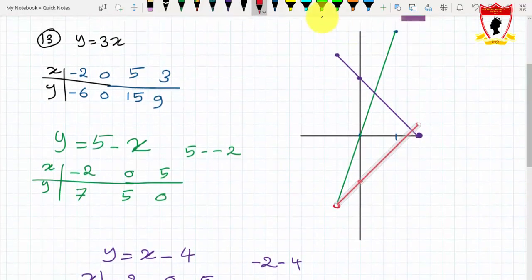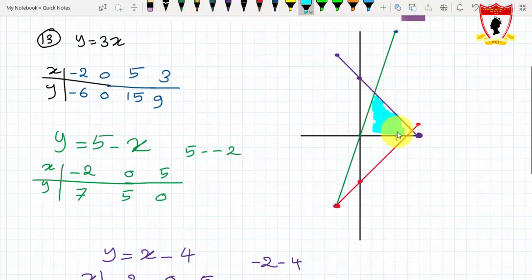What are the vertices of the triangle? This is the triangle between them. This is the only polygon formed by these straight lines. The vertices of this triangle, this one, as accurate as the drawing gives, we can say it's 1 point.